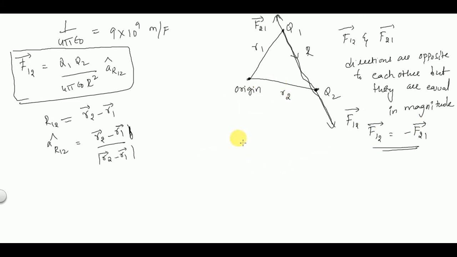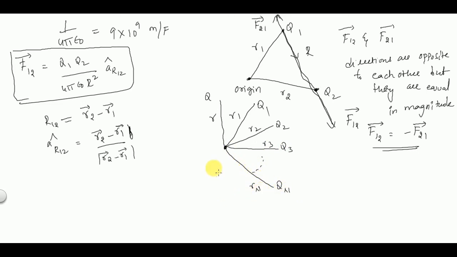Also, suppose there are many point charges. From the origin, there is a point charge Q at a distance R, a point charge Q1 at a distance R1, another point charge Q2 at a distance R2, Q3 at a distance R3, and so on, up to a point charge Qn at a distance Rn.